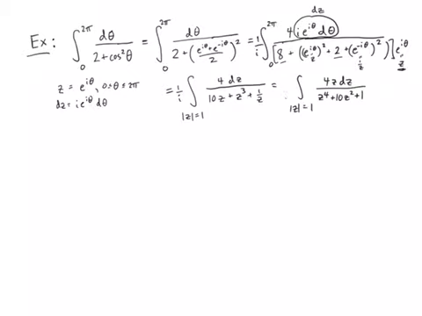Let's take this 1 over i, and let's make that a negative i, and that'll go in the numerator, so minus 4iz, and let's take that dz and put it over here.